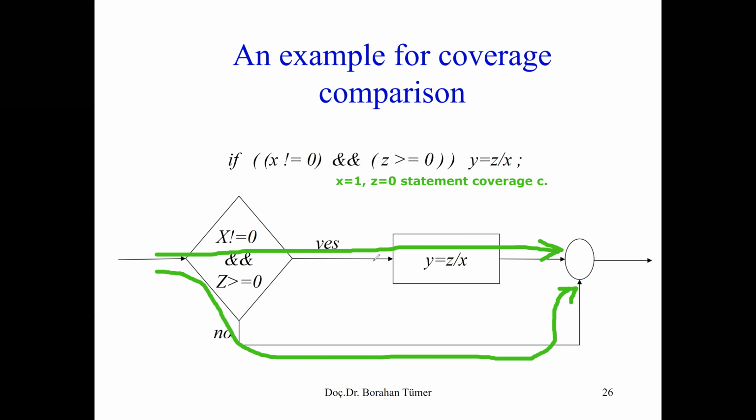I have these edges covered by this path, and I have this edge covered by this path. That means I have to sensitize two different paths to provide a complete branch coverage criterion. So I can use this first one.